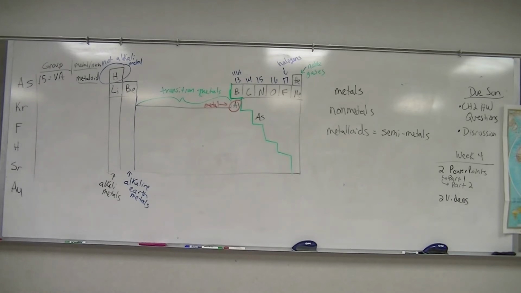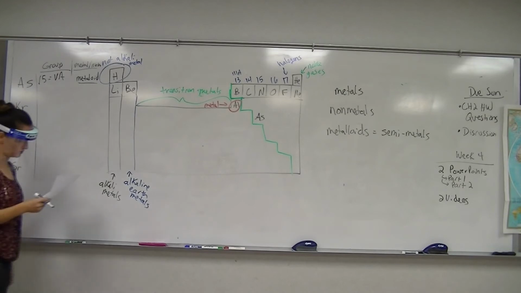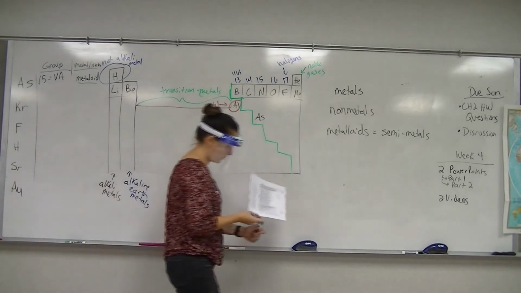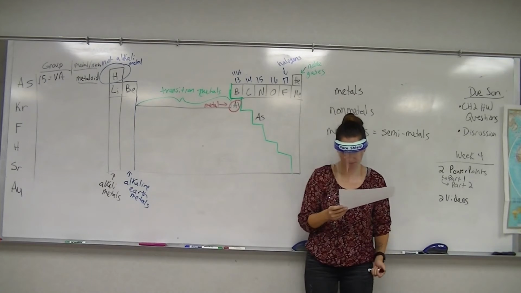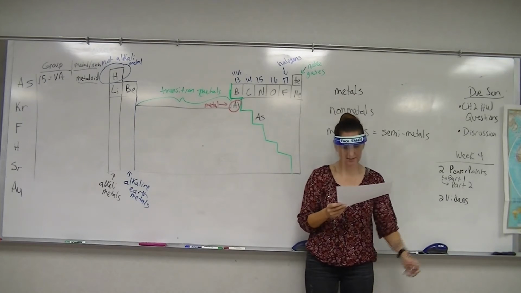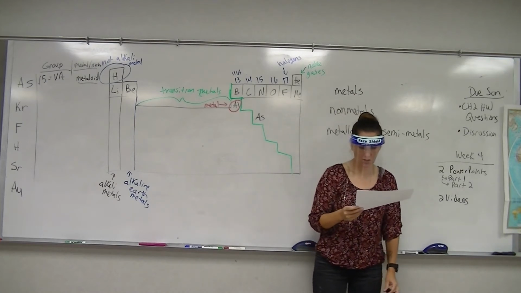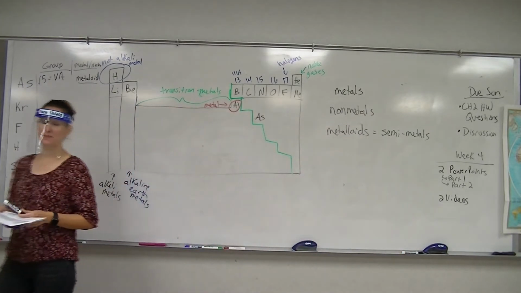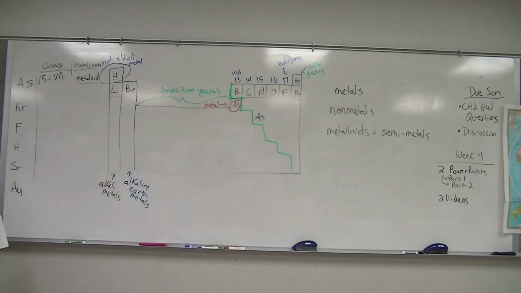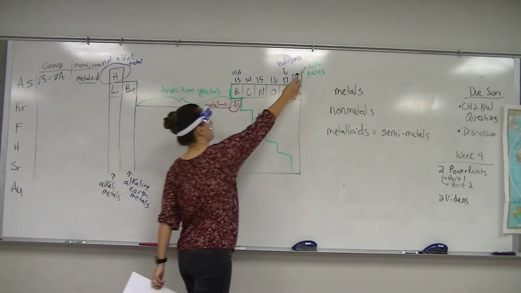What about Kr? That's krypton. So what is the atomic number of krypton, so everyone can find it? 36. So what group is krypton in? Does it have a special name? It's in this last column here.